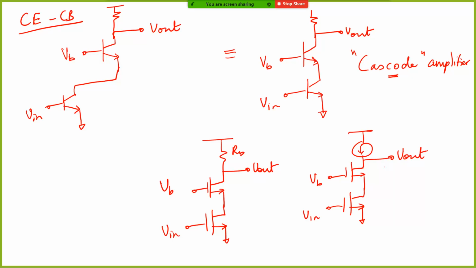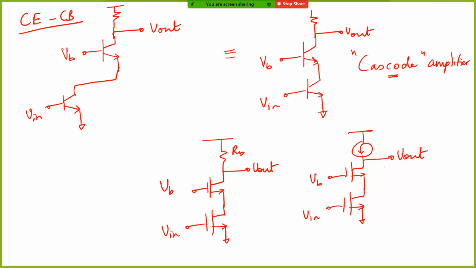Now, this is what is called cascoding, and cascode amplifiers are not so widely used in BJTs, but they are definitely very widely used in MOSFETs, especially in more advanced process technology nodes.